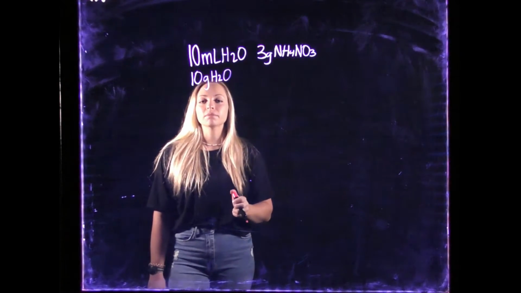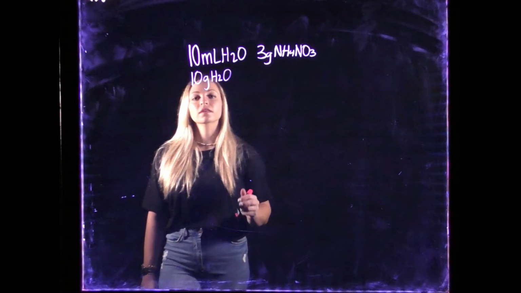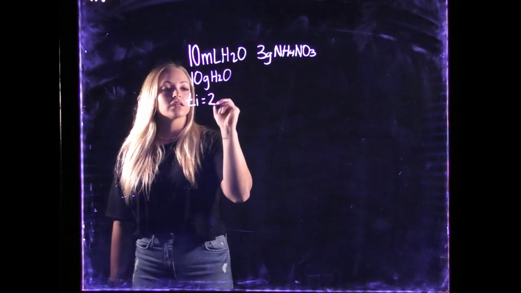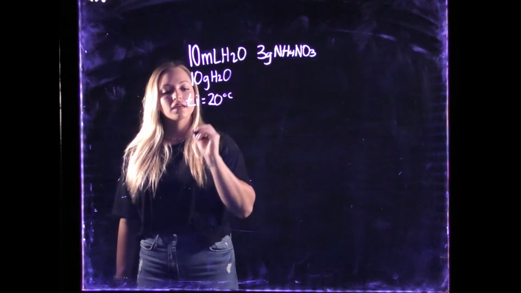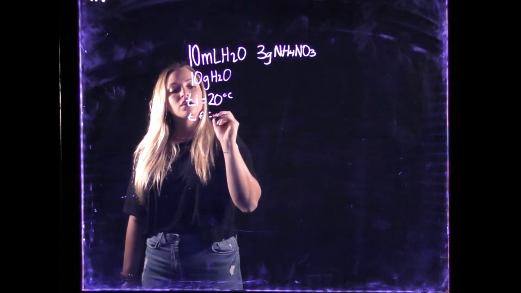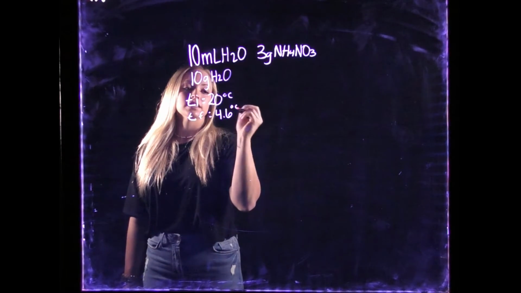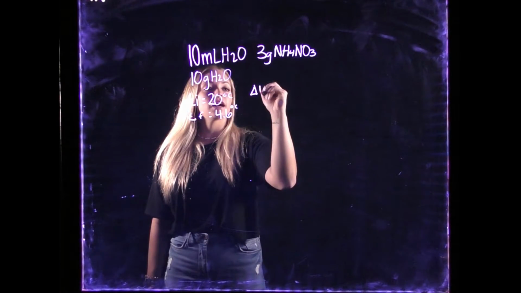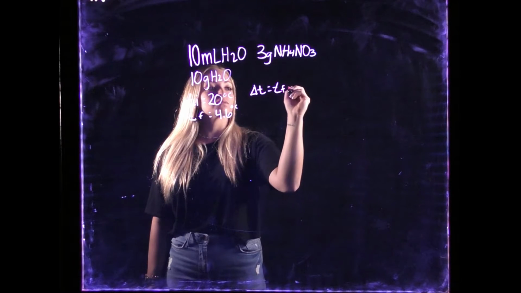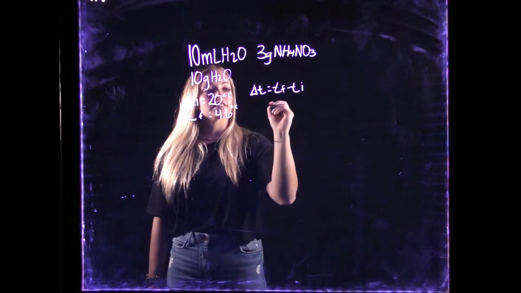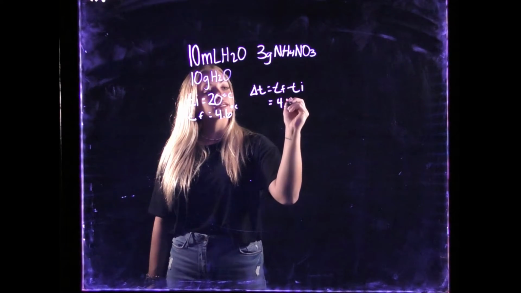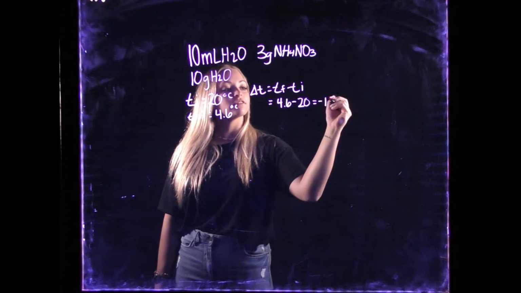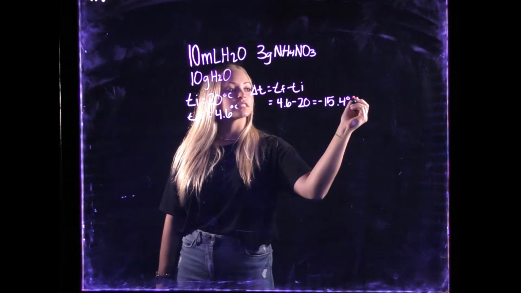So our first step is to calculate the change in T. T initial was 20 degrees Celsius. T final was 4.6 degrees Celsius. So to find the change in T, we do T final minus T initial. That gives us 4.6 minus 20, which is negative 15.4 degrees Celsius.